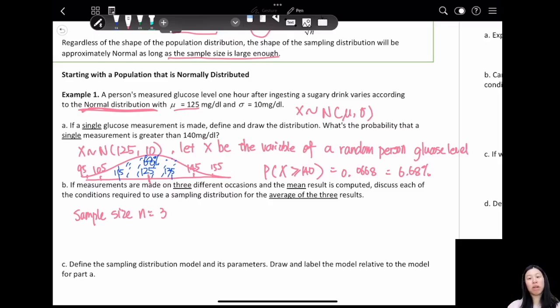It has to meet the requirements of the central limit theorem, which is, first, it has to be independent. Second, it has to be randomized. And third, the sample size has to be large enough.